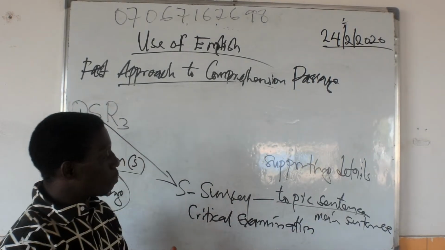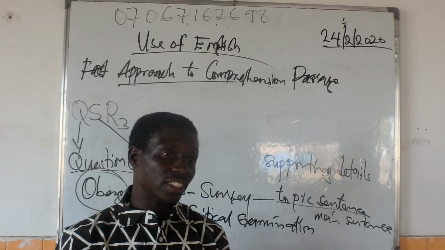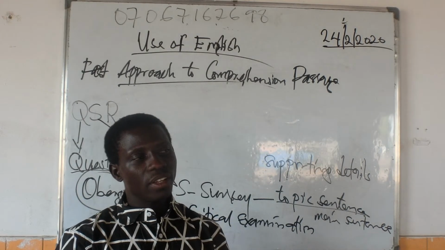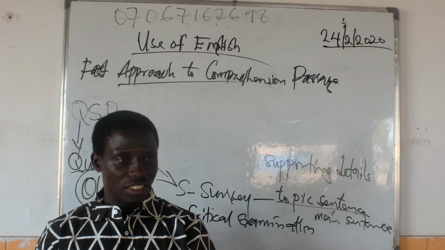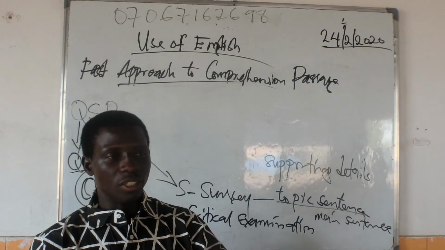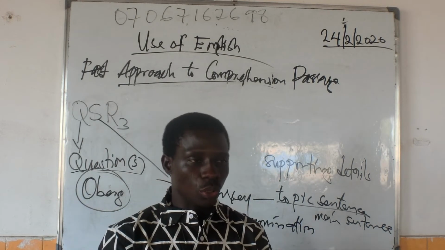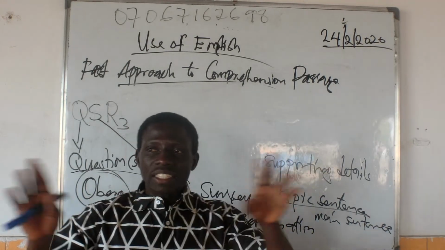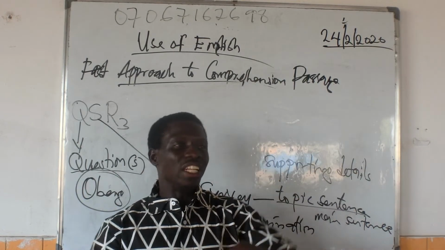Now, the position of the topic sentence in a comprehension passage or in a write-up is not certain. It could be the initial sentence, it could be the median sentence, it could be the final sentence. That is, it could take the position of the initial, the median, or final. So it's not certain. But research has shown that most modern writers take either of these positions, either the first sentence or the last sentence.